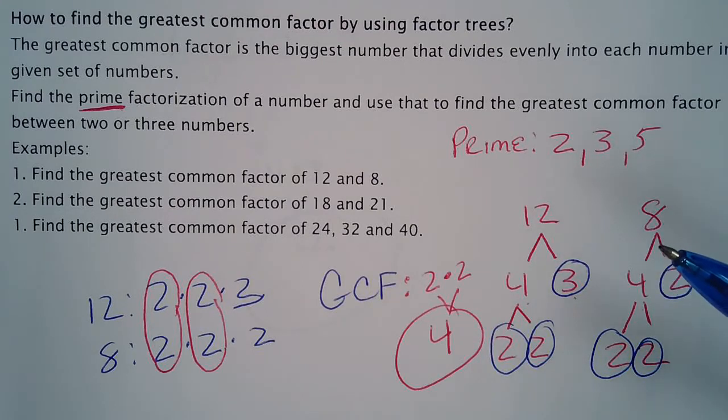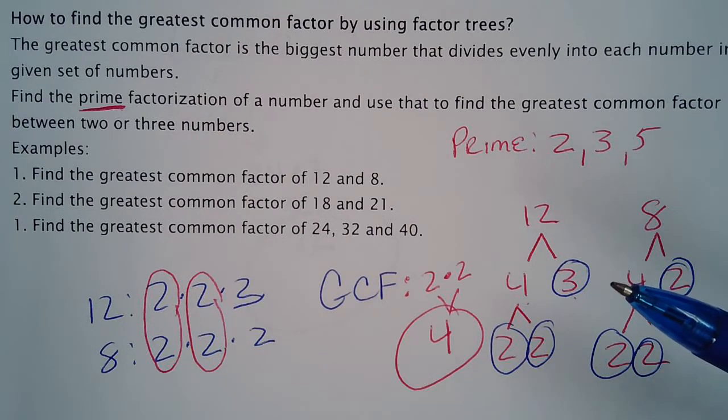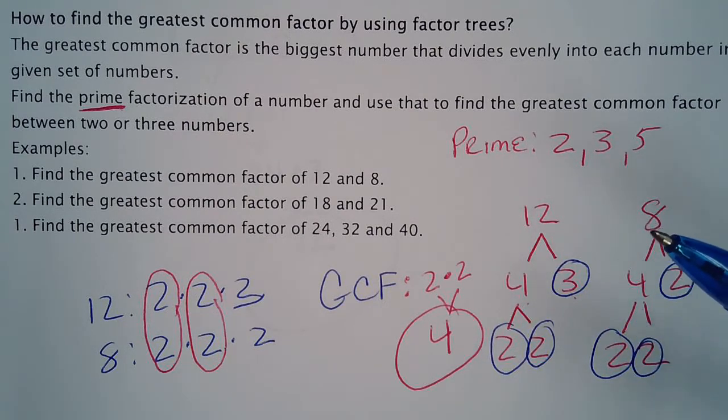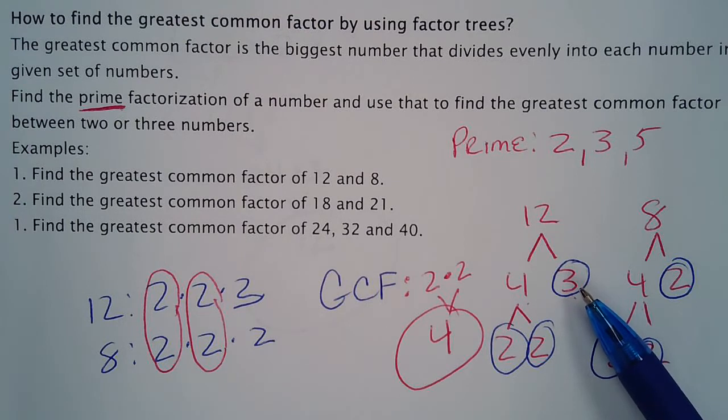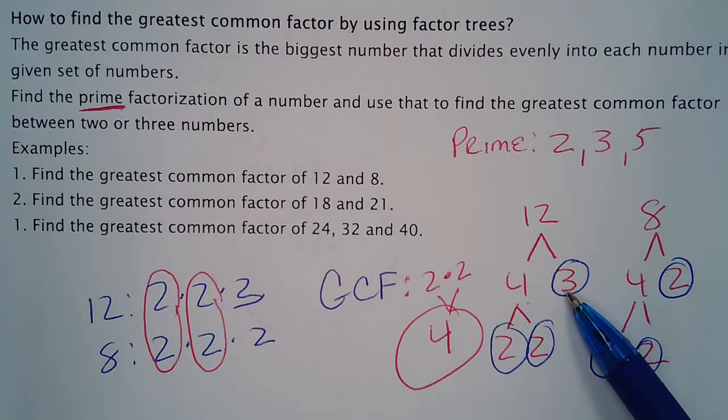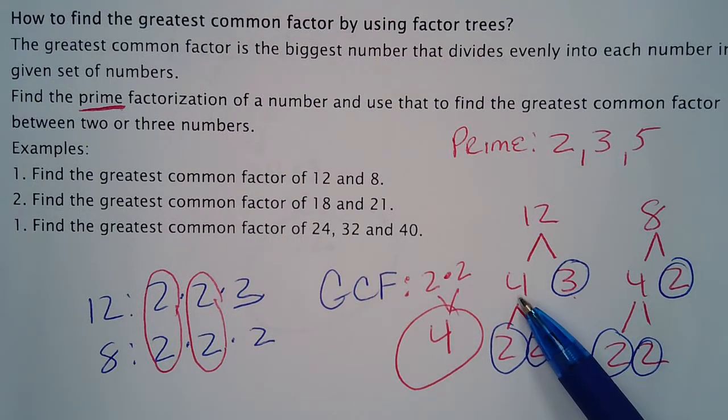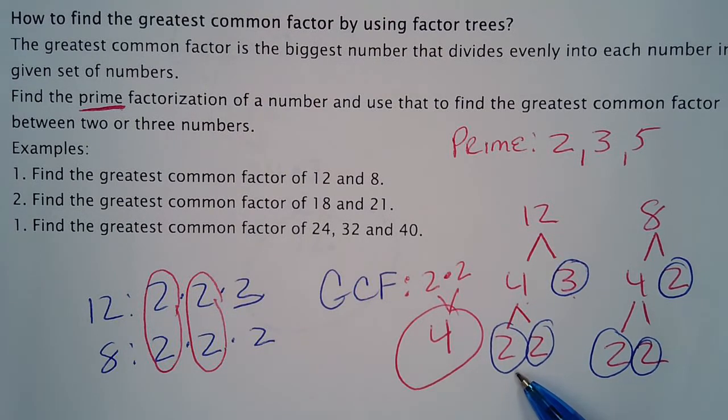All right, so we use what we call a prime factorization tree to help us with this. We only did number 1, which was 12 and 8. So I started with 12, broke it down to 2 numbers that I could multiply to get 12, which were 4 and 3. I had to leave 3 alone because it's a prime number. But 4 can be broken down further to 2 times 2.